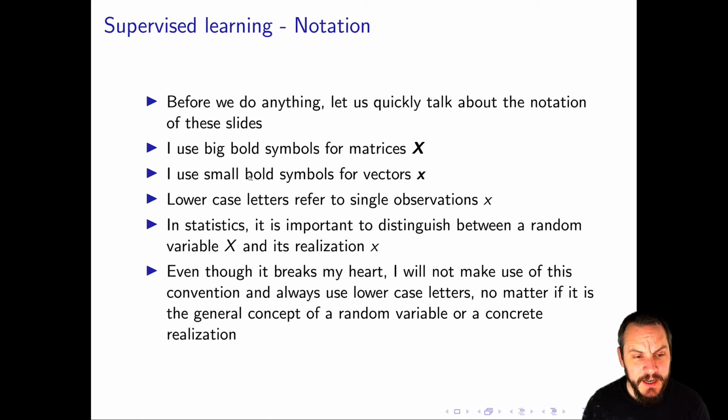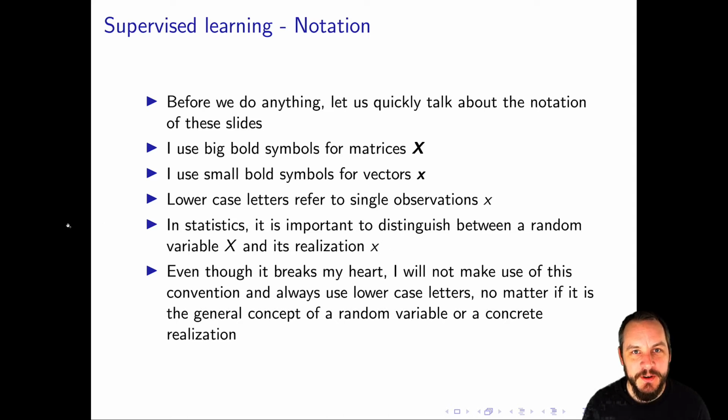And here, for the sake of completeness, usually we would distinguish between the big capital letters and the small ones, in order to declare if we're talking about the random variable in general, which is then typically done by the uppercase letter, and if we're talking about the realization, this is usually indicated by the lowercase letter.